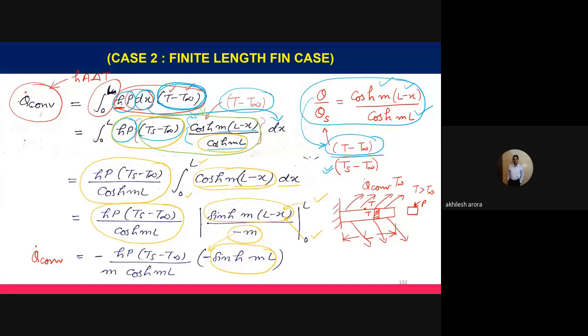There is one more minus sign which will come here, I think. Sinh(m(L minus x)). So when I am putting 0, okay, I will check it. I think it's correct, and I am not able to get it right now.